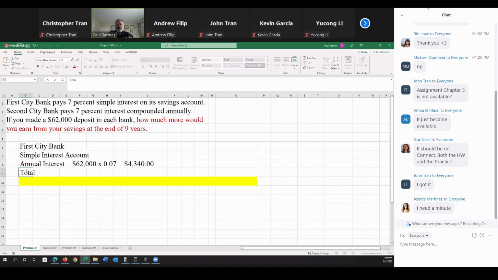Over 9 years, total interest will be $4,340 times 9 years. If I remember, it was 39,060. So the future value, FV, is principal plus interest.